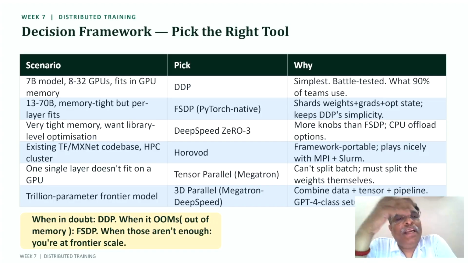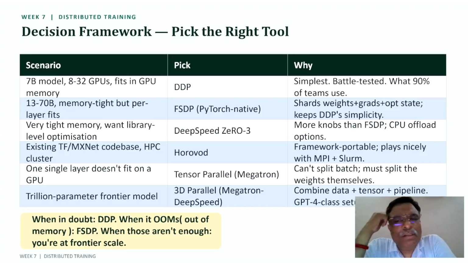For a very tight memory situation where you want library-level optimization, we go for DeepSpeed. For existing TF and MXNet code bases and HPC clusters, people still use Horovod a bit, because it uses MPI and so on.